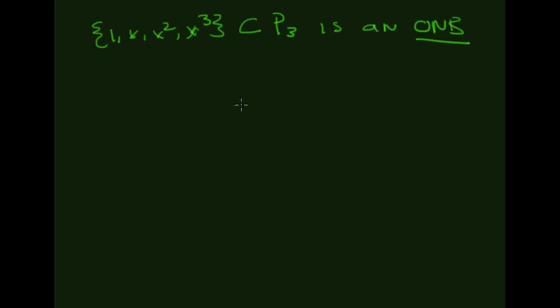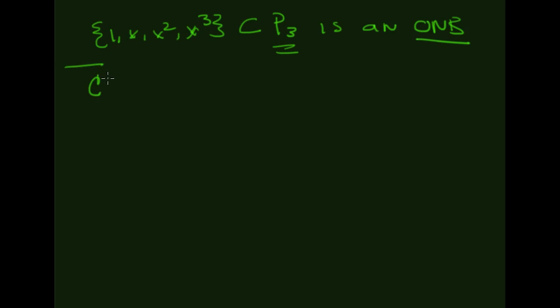So the standard basis 1, x, x squared, x cubed in P3 under the ordinary standard inner product is such that this is an orthonormal basis. So this is an orthonormal basis for P3. Pretty simple, straightforward.